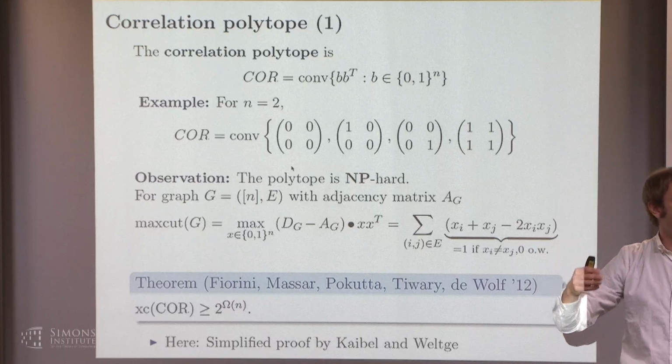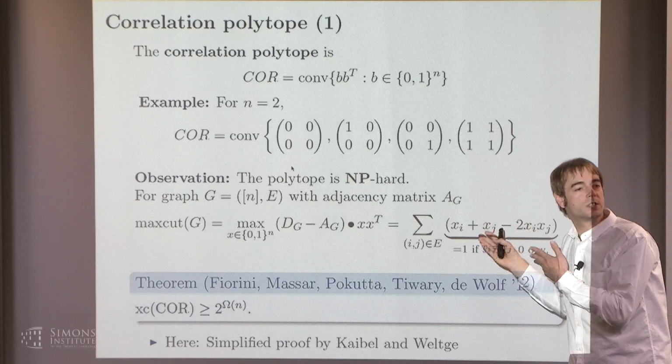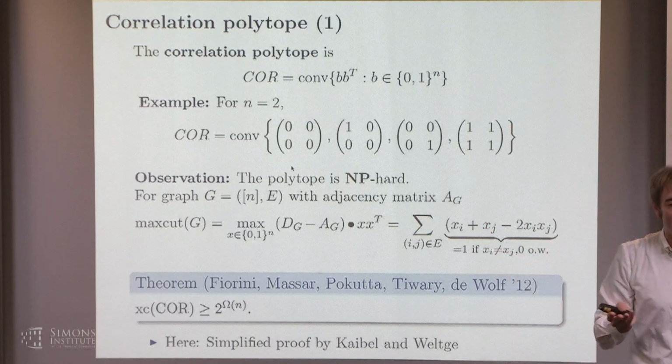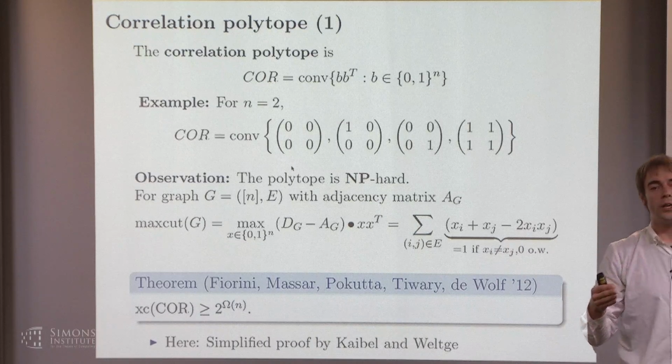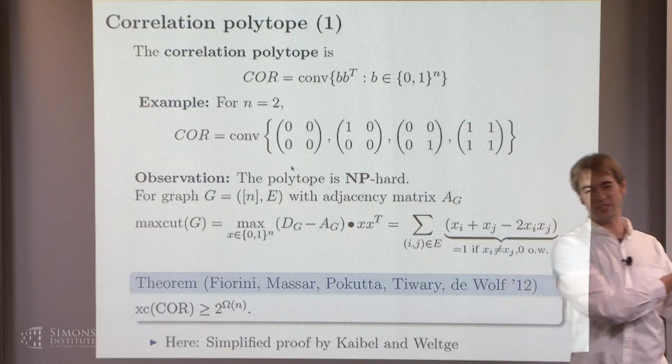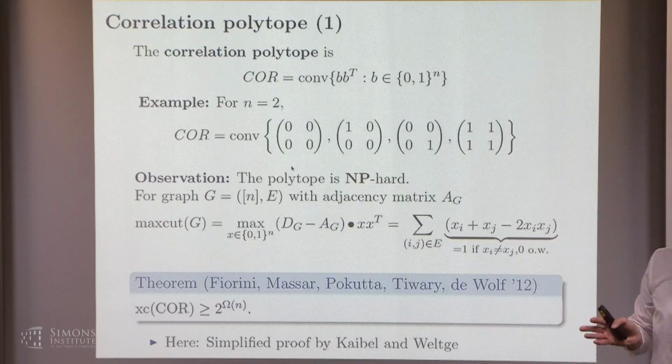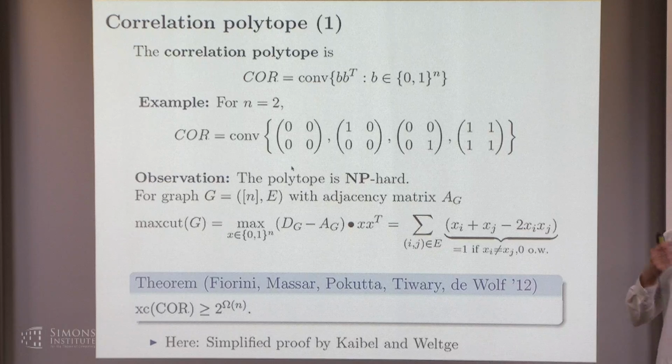The problem is, what are the inequalities? It's an NP-hard polytope, and if you had a nice explicit description of all the inequalities, that would actually give you a co-NP certificate, which is unlikely to exist. So we do have the problem that we have to show the lower bound of a slack matrix that we don't know. OK, that's a little bit of an issue here.